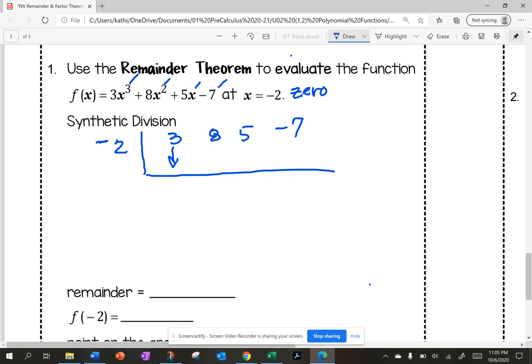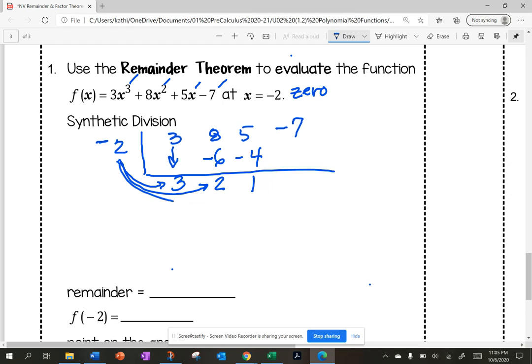So I start by bringing down my first coefficient. I multiply -2 times 3 and I get -6. I add down: 8 plus -6 is 2. I multiply -2 times 2 and I get -4. I'm adding down: 5 plus -4 is 1.